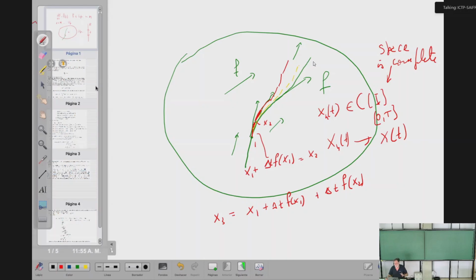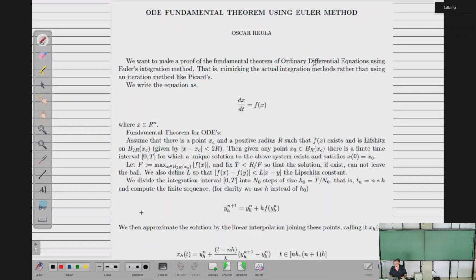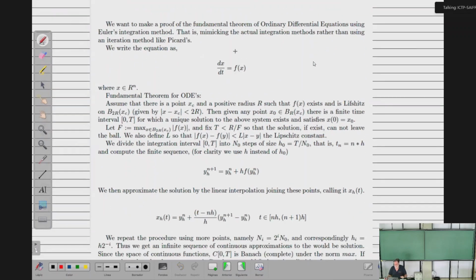So now we have to fill out all the details, but basically it is this. To clarify the notation, we want to solve this system. I'm using x instead of y. And here we have the theorem. So we assume some point xc and a radius r around this point.